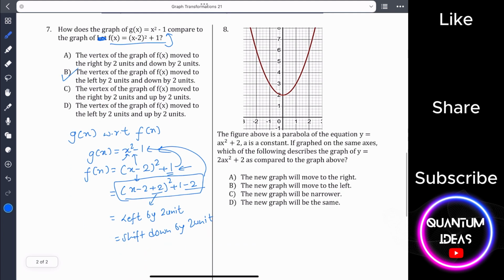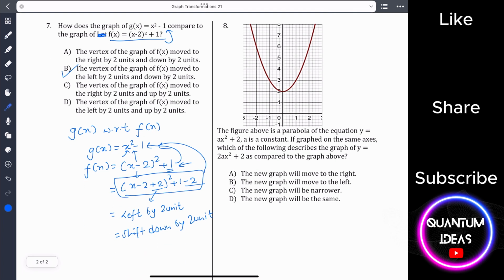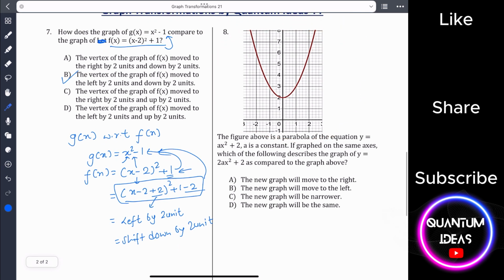So let's go to number 8. We are given the graph of a parabola. The figure above is a parabola of the equation y = ax² + 2, where a is a constant. If graphed on the same axis, which of the following describes the graph of y = 2ax² + 2 as compared to the graph above?